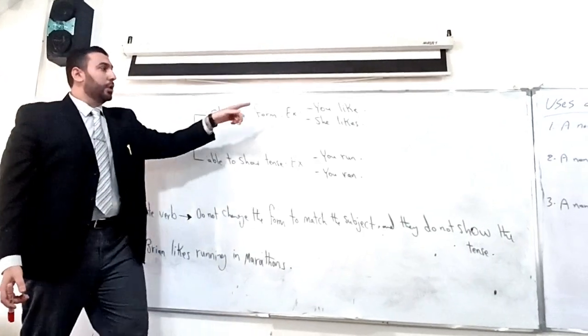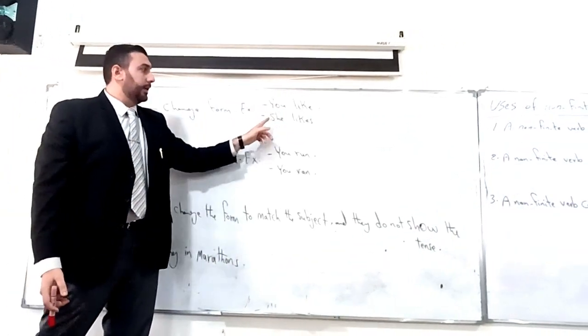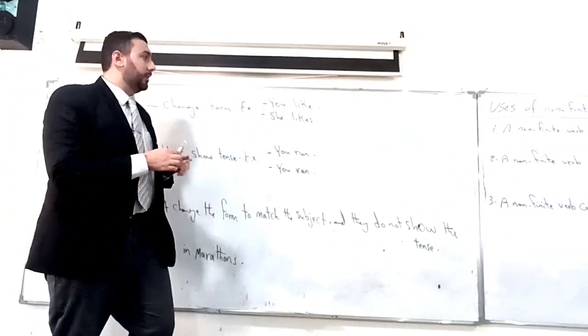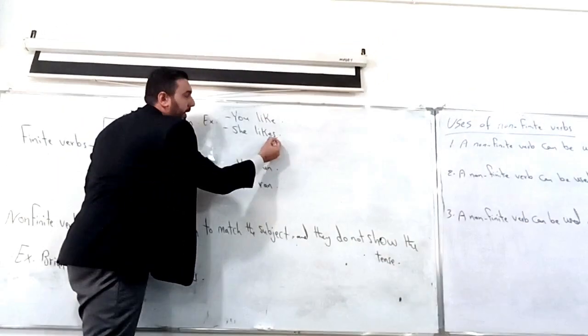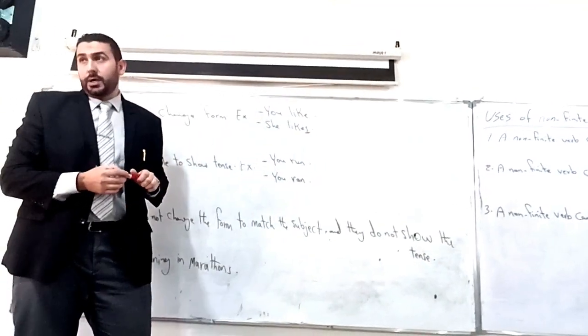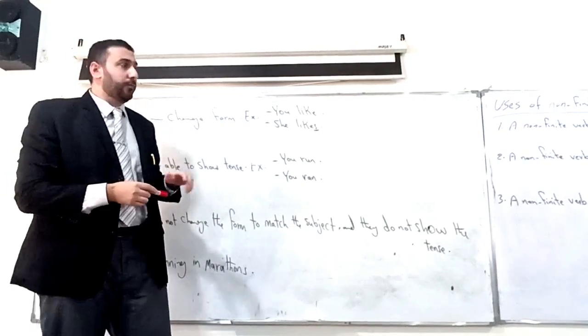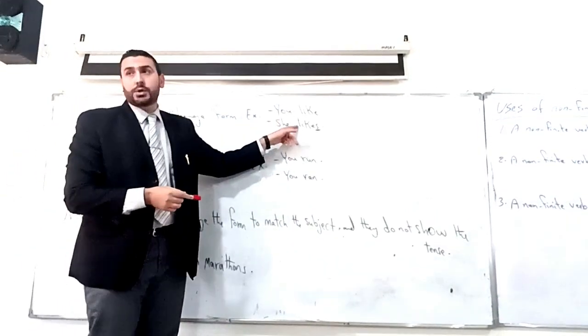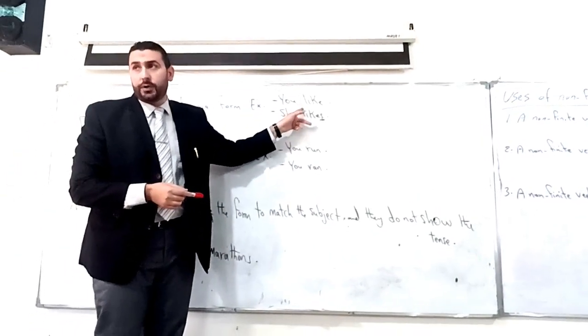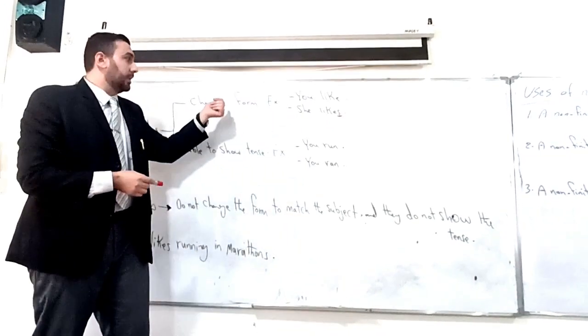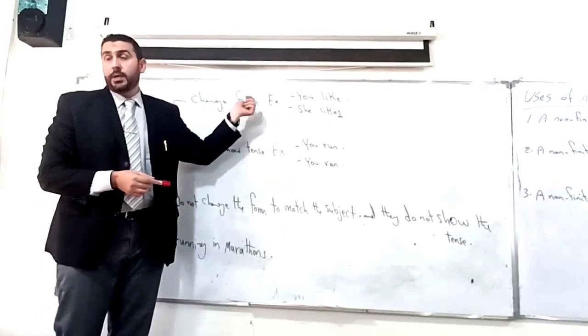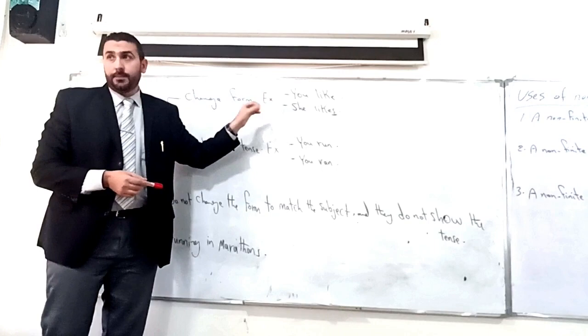For example, you like, she likes. Here the form of the verb like is changed. We add the s of the third person. For this reason, like is considered a finite verb, because it changed its form.